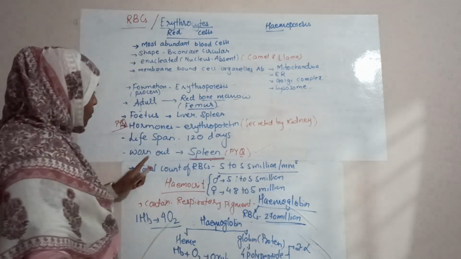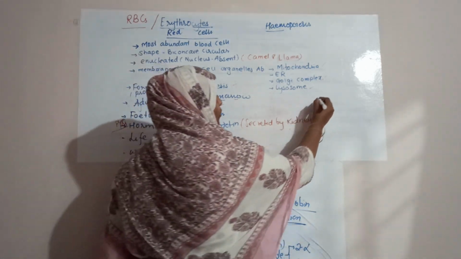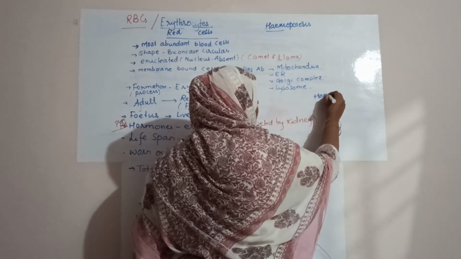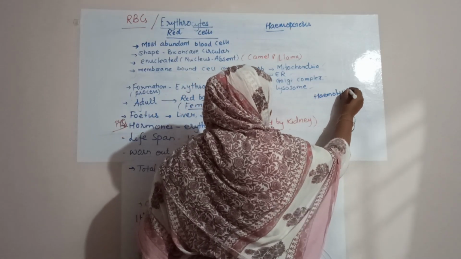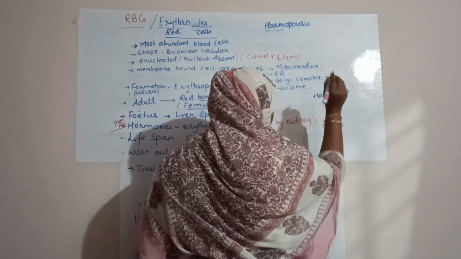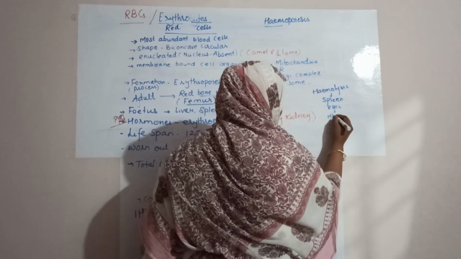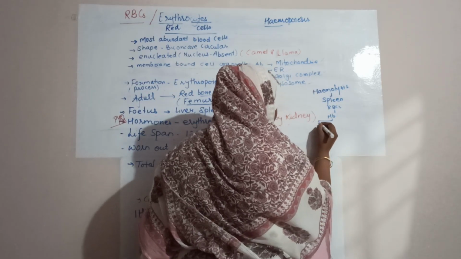Next, an important part: the lifespan is 120 days. After the 120 days, hemolysis happens, in which organ? In the spleen. When the RBC breaks down, the hemoglobin also breaks down.